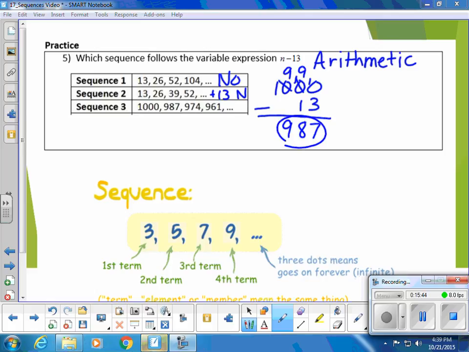So does this one match that second term? It does. Now don't assume that the first one's going to match, because if I looked and say it was adding 13, these are both the same, but the third number is very different. This one is the only one that works, so we know that's true. But if you were to look at other ones, then you need to know you have to go more than just one.